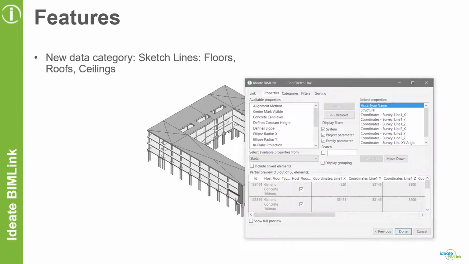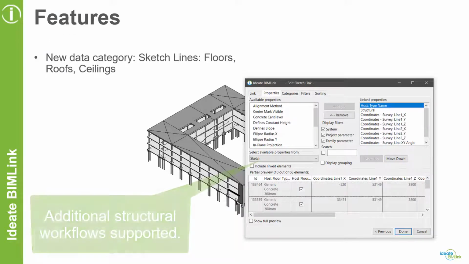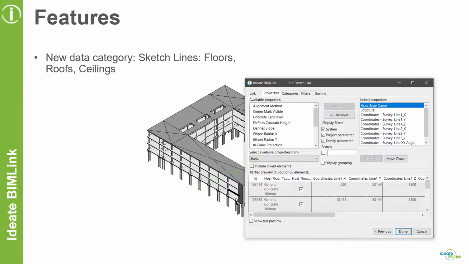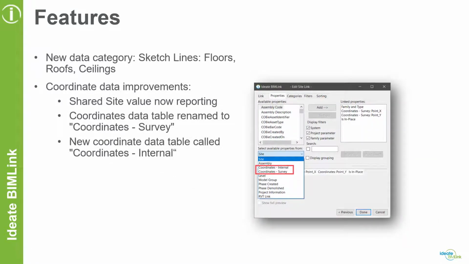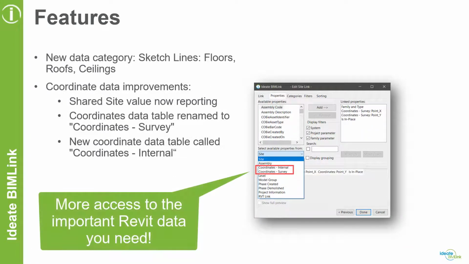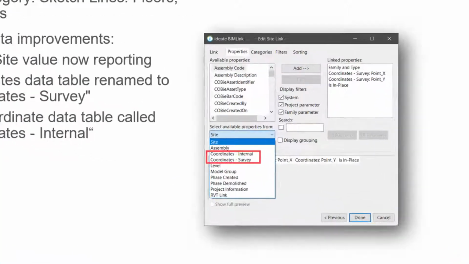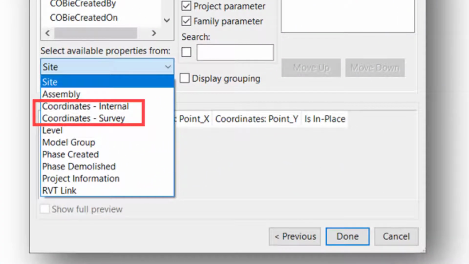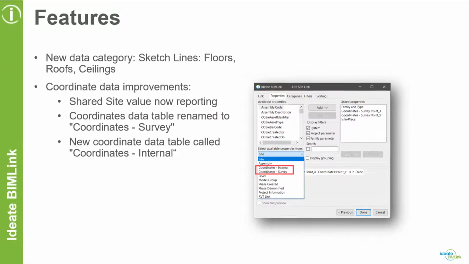A new data category with parameters is now available for sketch lines in floors, roofs, and ceilings. This can be useful for some structural analysis workflows. New coordinate data tables are available for more comprehensive review of your model geometry. The previous coordinates data table has been renamed to coordinates-survey, and a new data table is available named coordinates-internal.